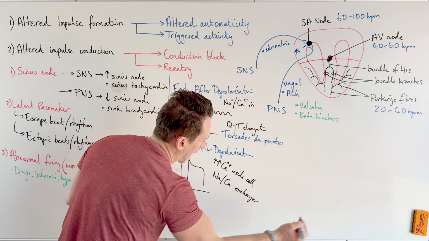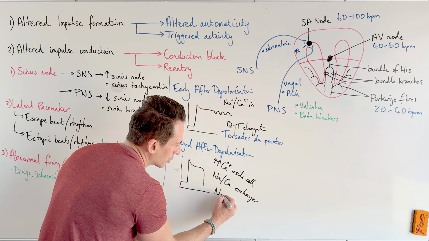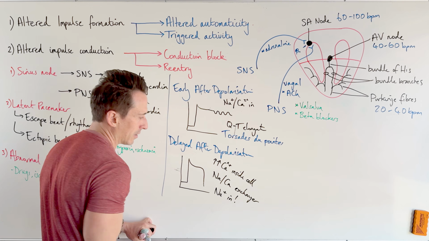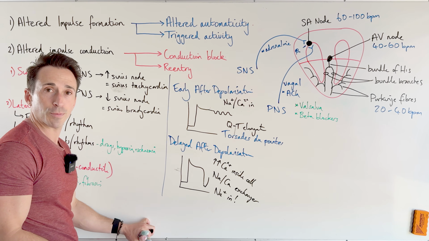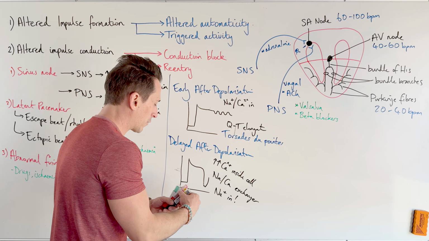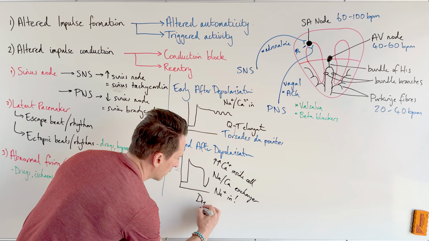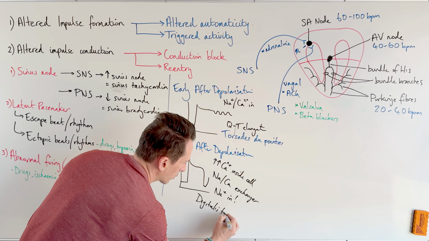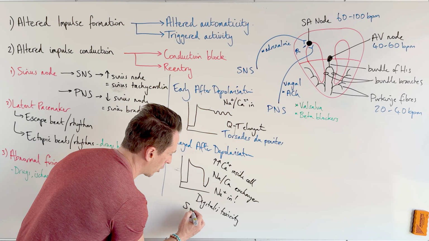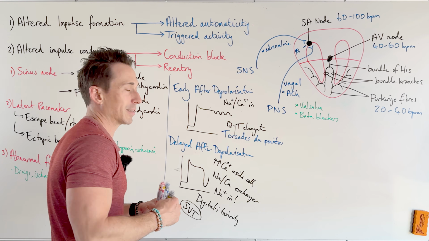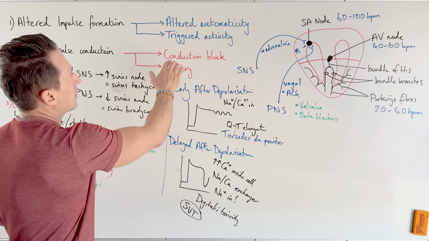So it throws calcium out, but then throws sodium in. And if it throws sodium in, oh no, what's happening? Another action potential. And that can happen if you've got digitalis toxicity. So that's a drug, digitalis, right? And that can be a cause of supraventricular tachycardia. Okay, so that is triggered activity.